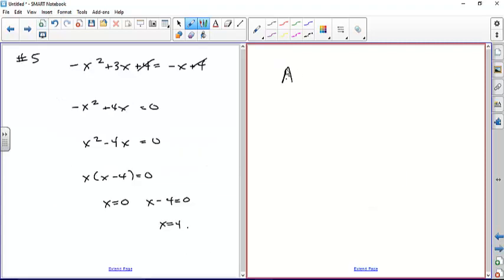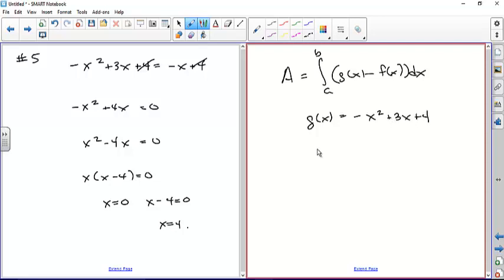And remember, the area is the integral from a to b of g of x minus f of x dx, where g of x is the curve that's on top, meaning the more positive, and in this case that is going to be the curved one, which is negative x squared plus 3x plus 4, and the curve with lesser value is the other one, negative x plus 4.